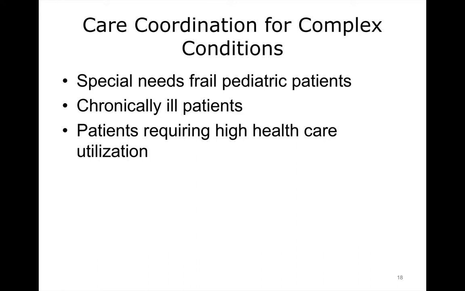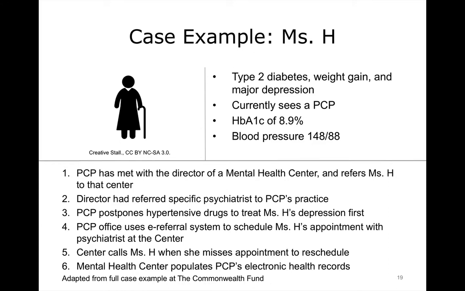Models for coordinating care for poorly controlled or complex conditions include special needs, frail pediatric patients, chronically ill patients, and patients requiring high healthcare utilization. Older patients with chronic disease need particularly complex care coordination, as they often see many specialists and have lengthy medical histories.